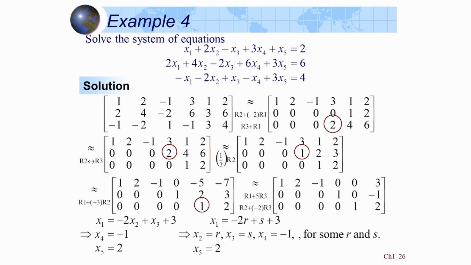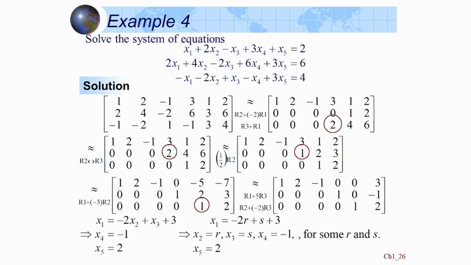Again, we have here many solutions. And what is the difference, the structure of this solution from the previous ones? In previous systems, set of solutions has only one free parameter, t, for example, or s.